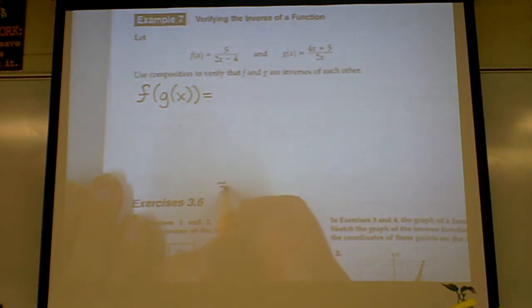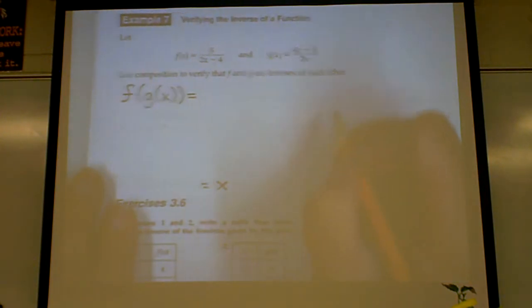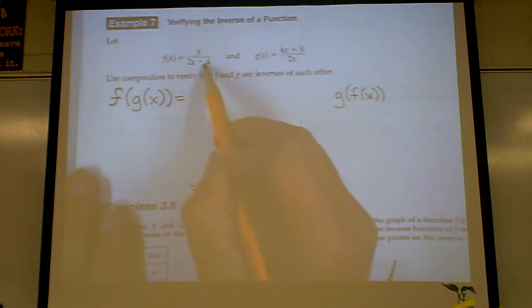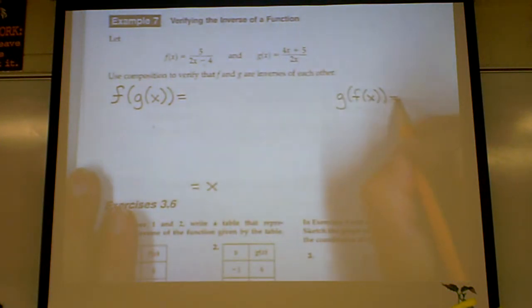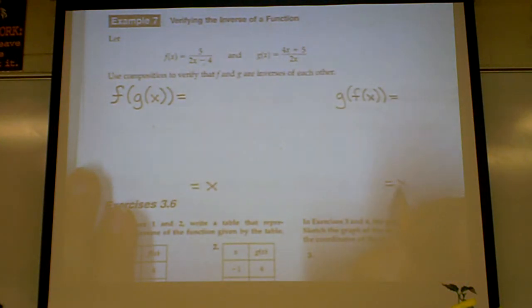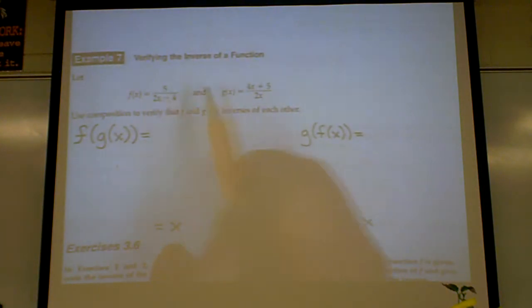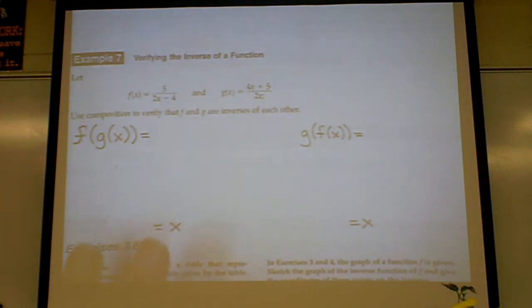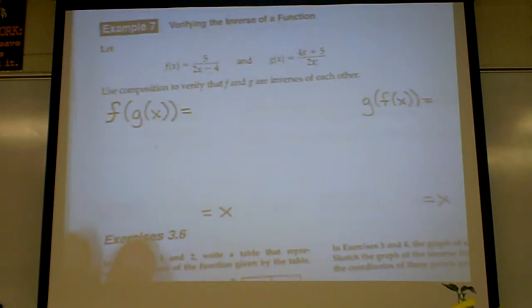If you can get this to reduce to x, and you have to do g of f of x, so then you're going to take this and replace it for x's here and simplify it. If you get x in both of these, then you say yes, this is the inverse of that. So let's do this. I know I'm running out of time, and the rest is your homework.